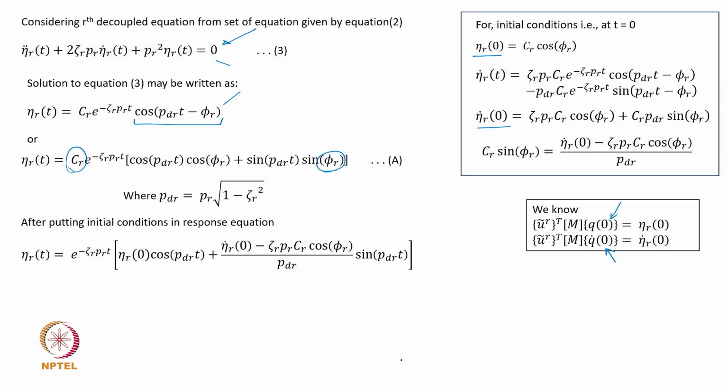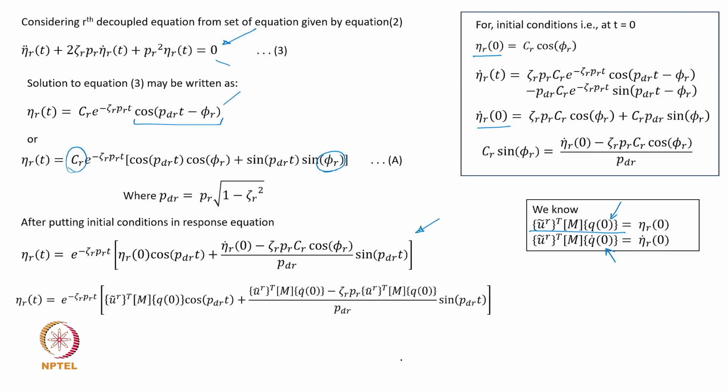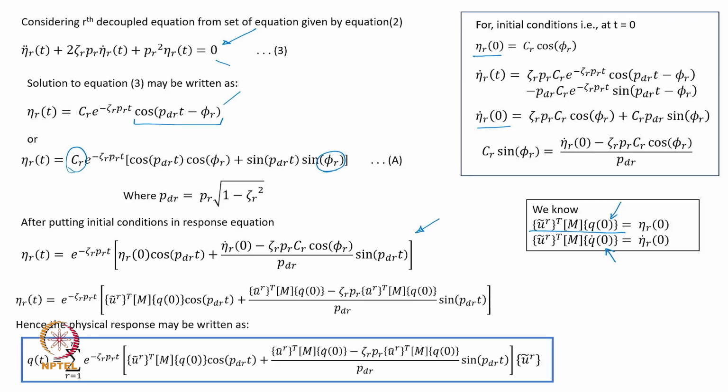So, eta r naught is expressed in terms of the q naught and q dot naught, which if we substitute back into this equation, we can finally get an expression in the principal coordinates. It is given by this. So, in the principal coordinate by substituting for CR and phi r, this is what we finally get, the equation in the principal coordinates.